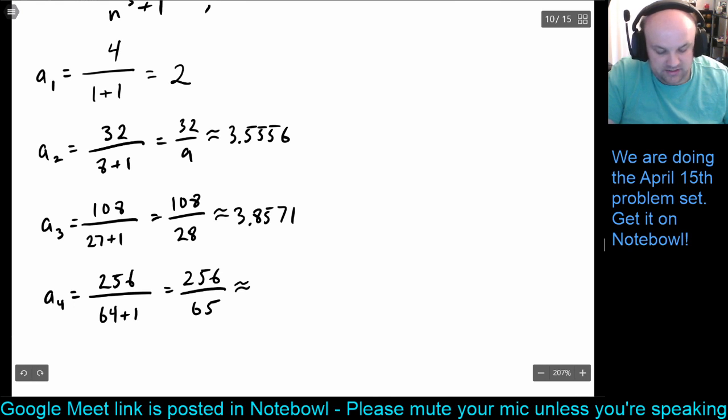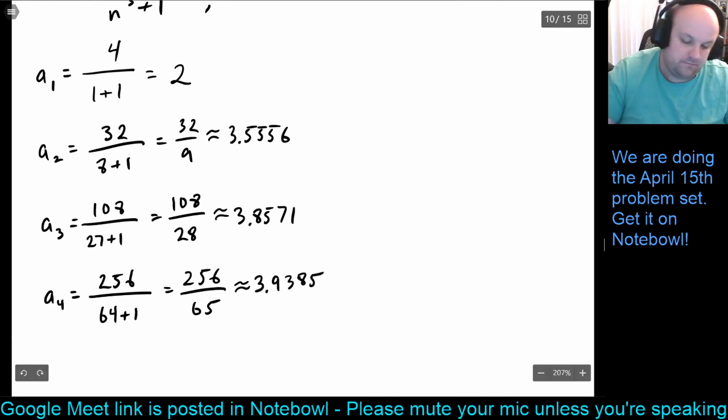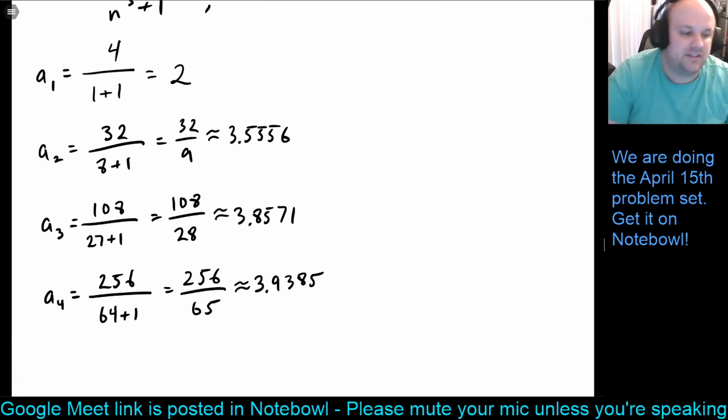And 256 over 65 is approximately 3.9385. I'll just use 4 decimals here. So you might be able to tell from here what this is converging to, and I think you just said 4, which is what it's converging to.